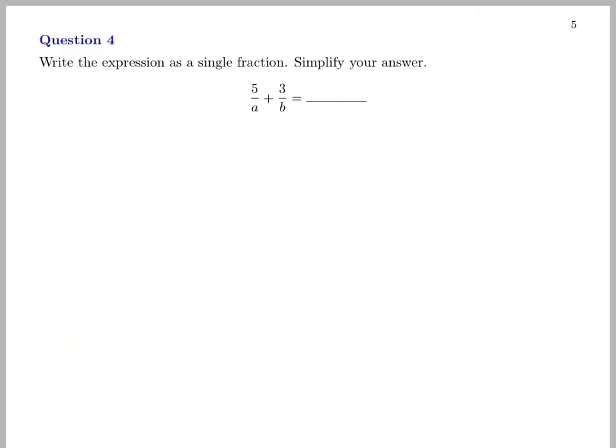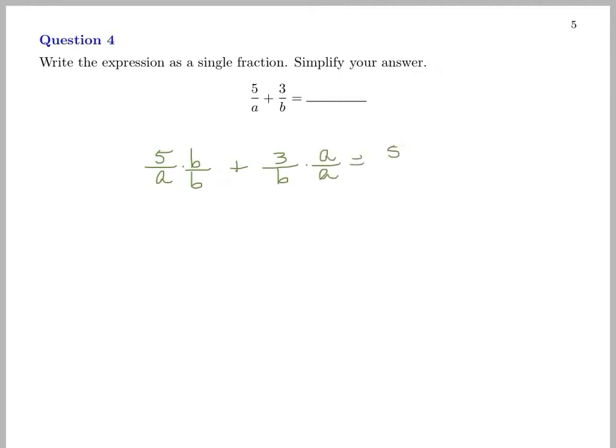On this one, we want to have a common denominator, right? So 5 over a plus 3 over b. Our common denominator would be a times b. So in essence, we're multiplying that first one by b over b and the second one by a over a.